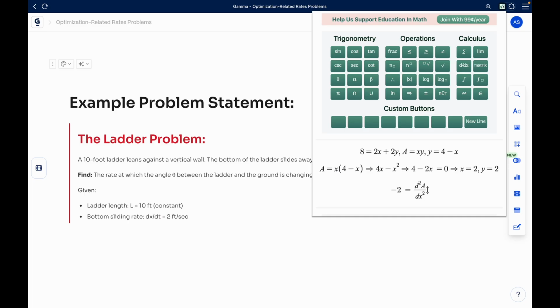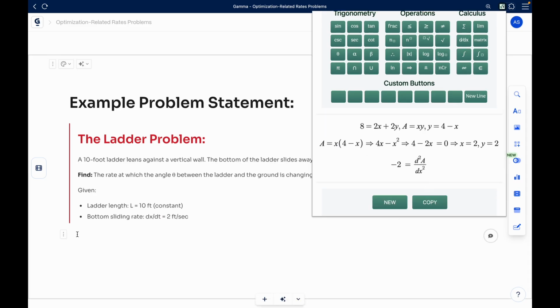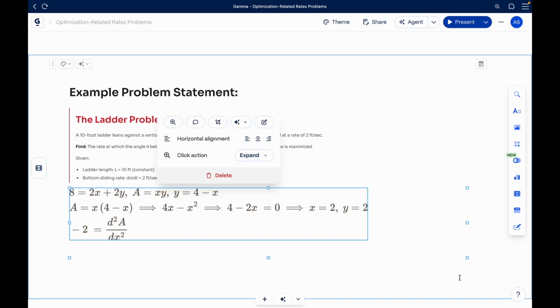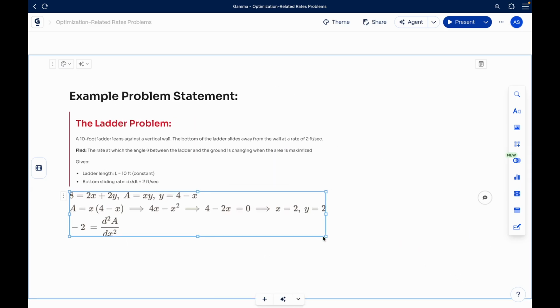Now that we have that maximum area within a given perimeter, we can move on to the maximum area for a triangle. The maximum area for a triangle is going to be an equilateral triangle, and let me show you how.